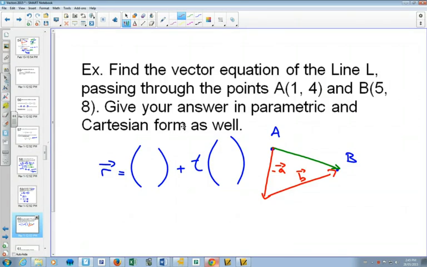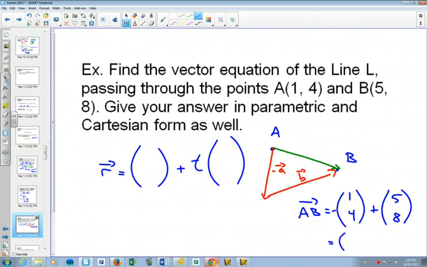So A to B, which is going to be our direction vector, negative A, negative 1, 4, and then add 5, 8, we're going to get 4, 4 as our direction vector.